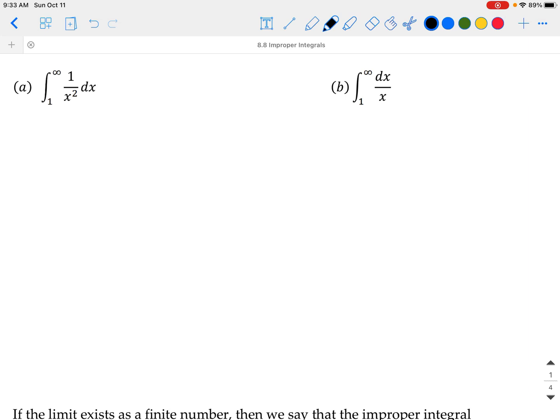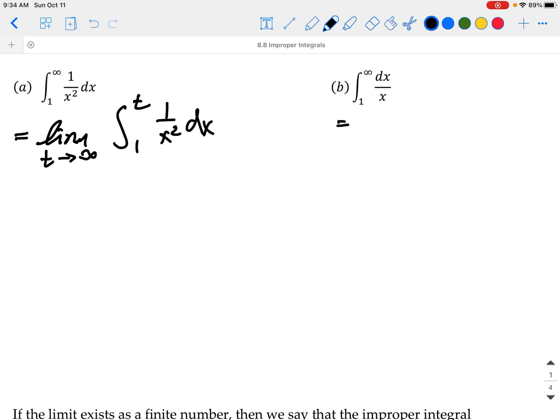The way that we're going to evaluate this is to apply a limit to the integral, since integration at infinity doesn't quite make sense. So we're going to change this to the limit as a value, I'll call it t, goes to infinity of the integral from 1 to t of 1 over x squared dx.